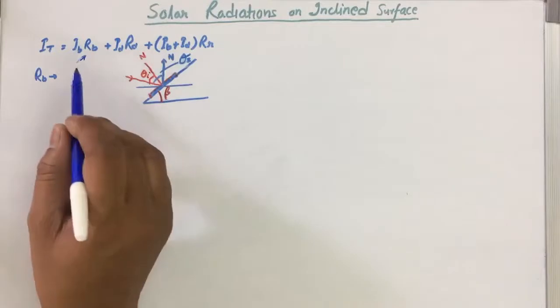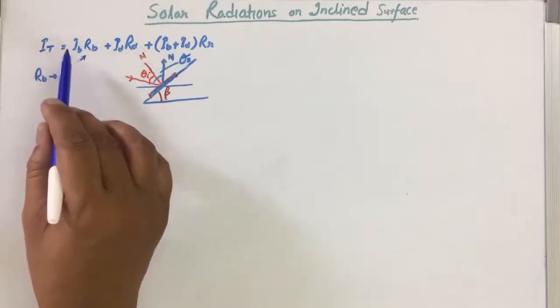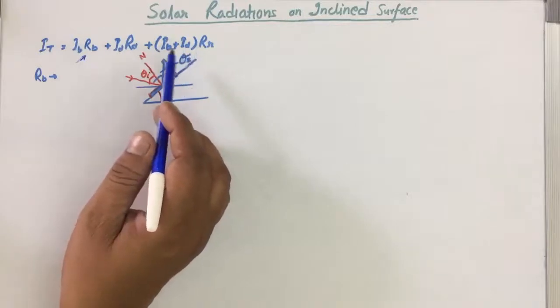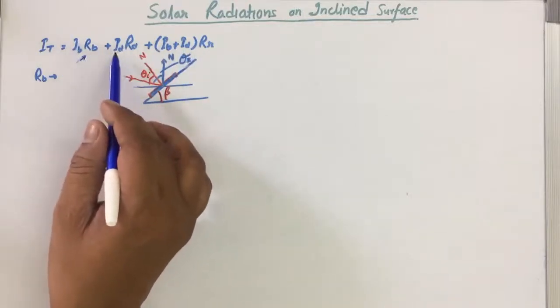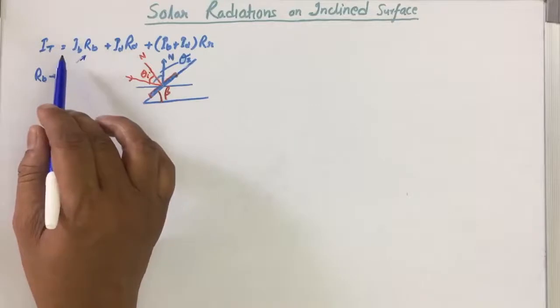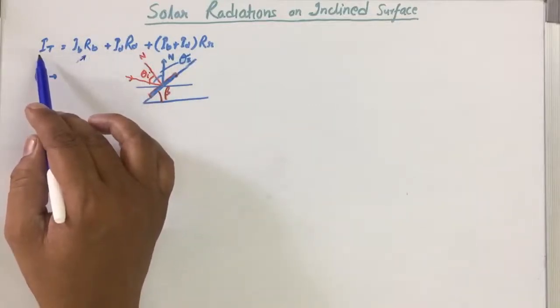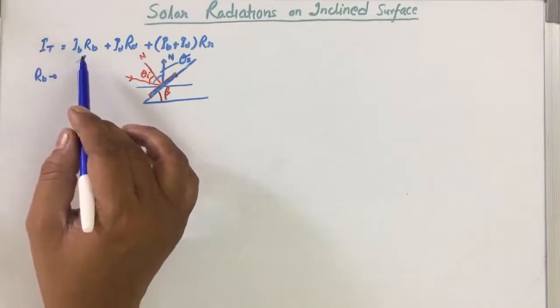To find out this, it is important to find these factors first and all remaining parameters, so that following this formula we can find the value of total radiation. So let us start the finding of RB.